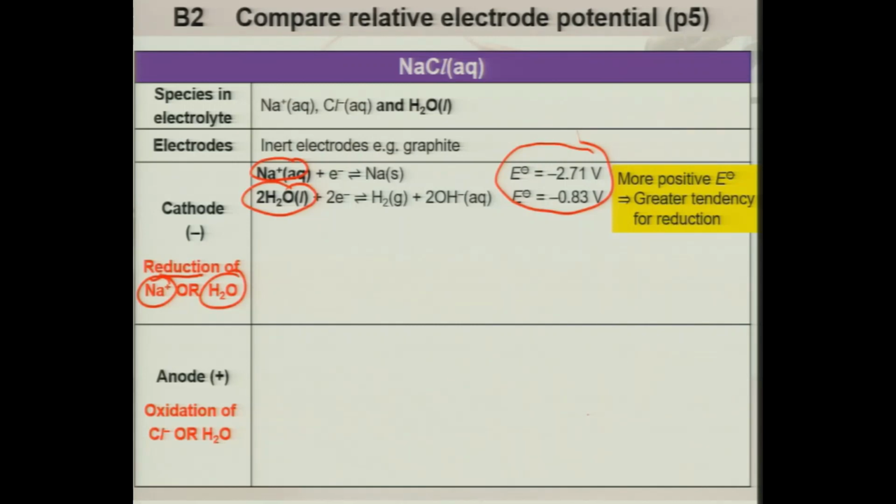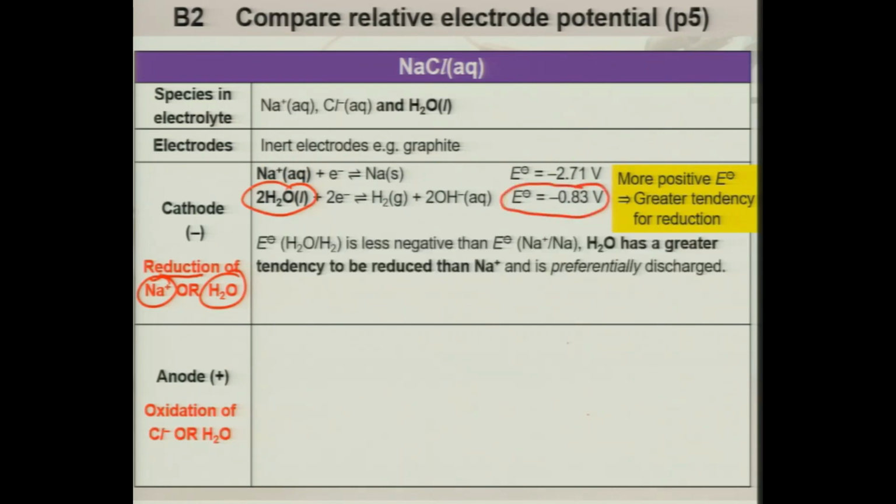Based on that, I'm going to look for the more positive E naught value, which in this case is the one that involves water, which is why I know that reduction of water happens. Let me go through the phrasing with you once. Because the E naught involving the reduction of water is more positive, or in this case less negative, learn this phrasing please, it has a greater tendency to be reduced.